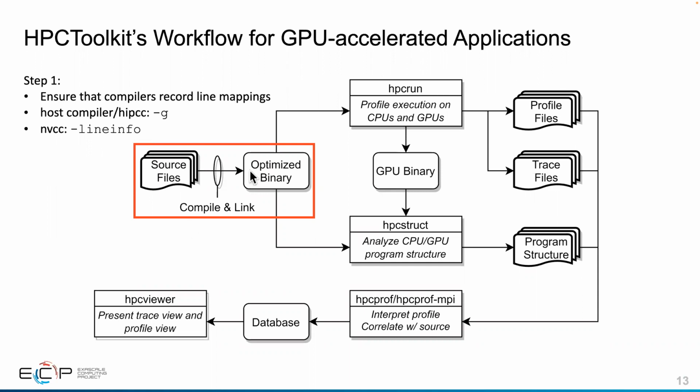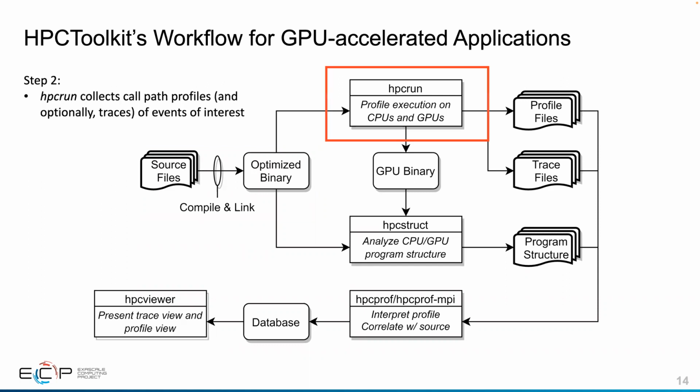And so, generally you compile and link the way that you normally did, except that you might want to add some flags into your makefile if you want information at finer detail than at the procedure level.